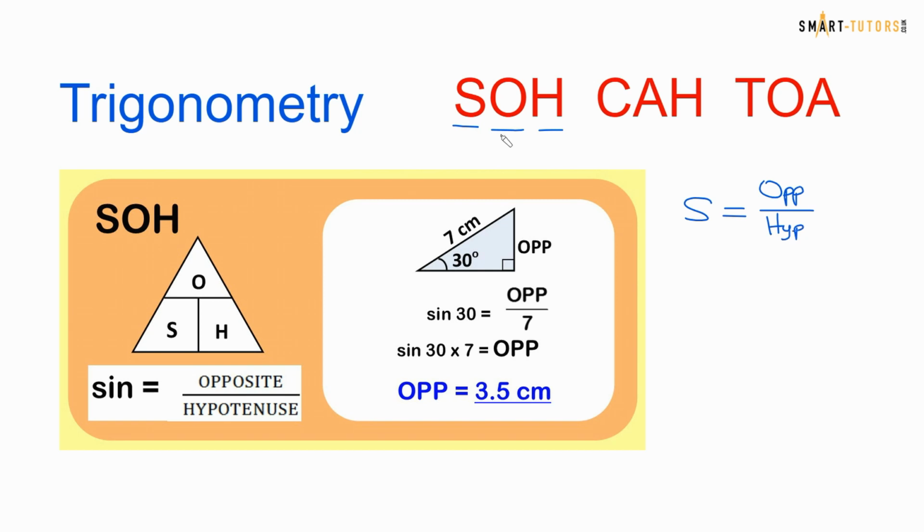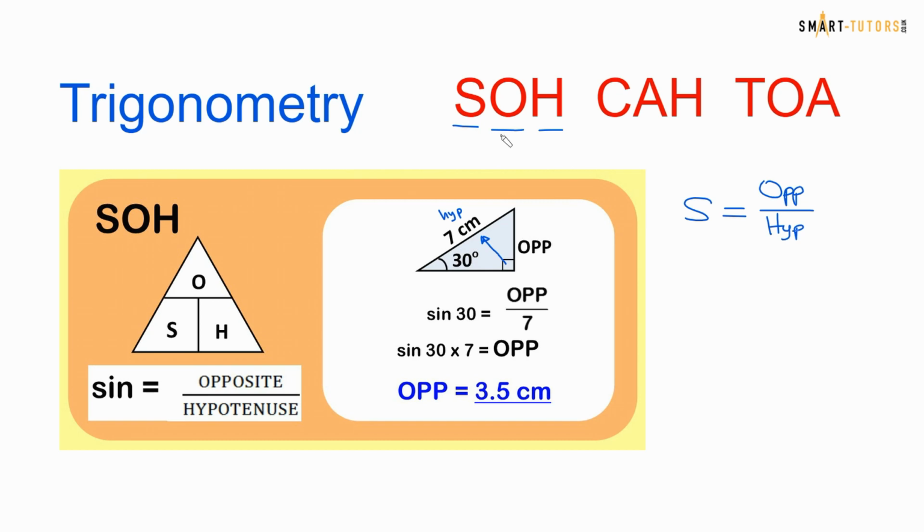The hypotenuse side is the side opposite the right angle of the right angle triangle. So the first equation we need to remember: sine of any angle is opposite side divided by hypotenuse side.